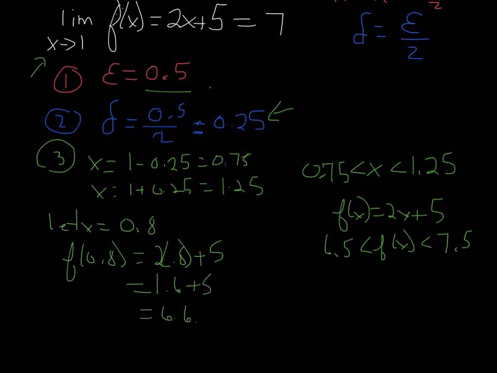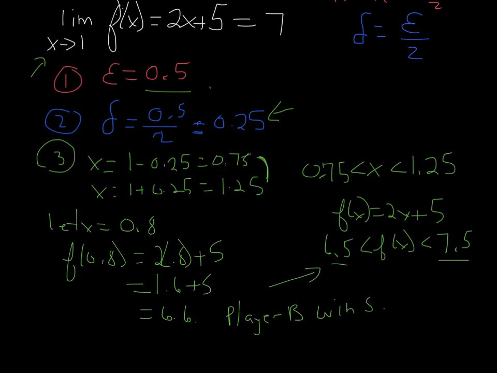So when I go back over here and I check, it did land in between 6.5 and 7.5. So therefore, player B wins. And you're going to find that any value that you choose between these two values is always going to give you an f of x value, or y value, in between these two values. So player B will always win as long as he chooses his numbers between those two x values.